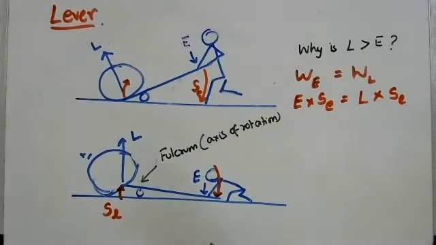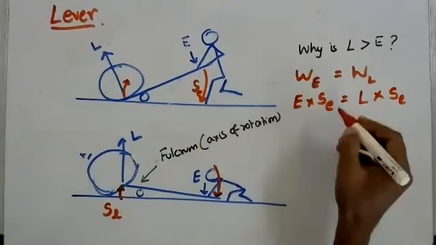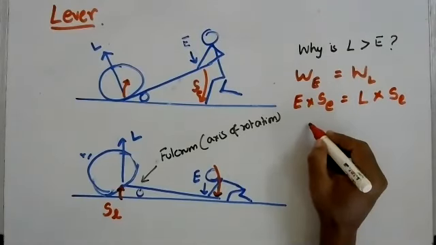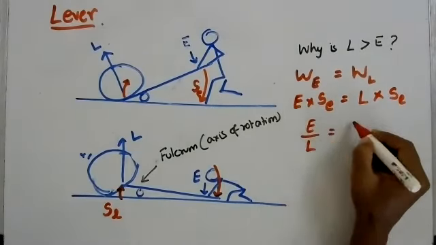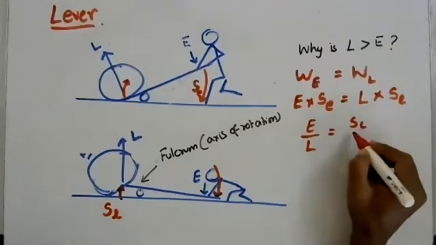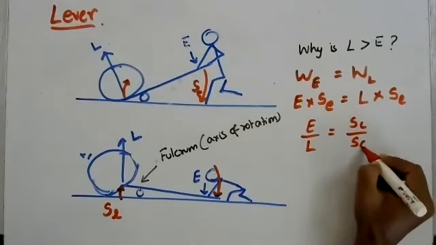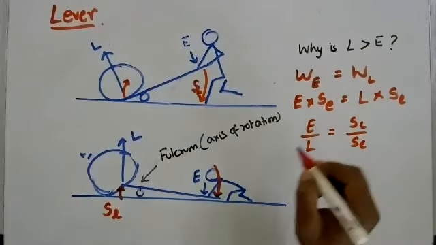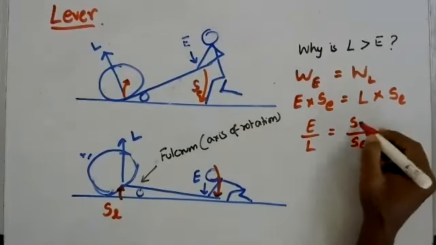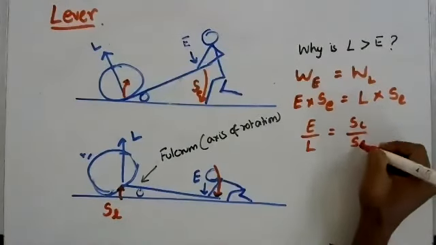Now you can easily see, let us take it as a ratio. Effort upon load is equal to the distance moved by the load divided by the distance moved by the effort. Now this you know the comparison for.